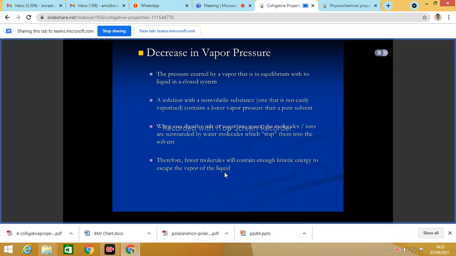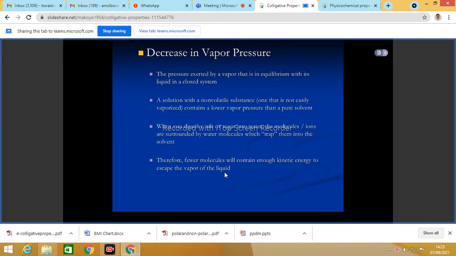We are here talking about the non-volatile solute. Non-volatile solutes may be sugar, salt, or similar molecules, which do not have a tendency to escape the bulk of the liquid.